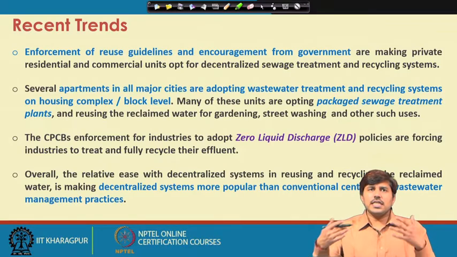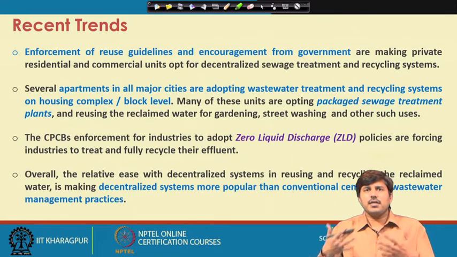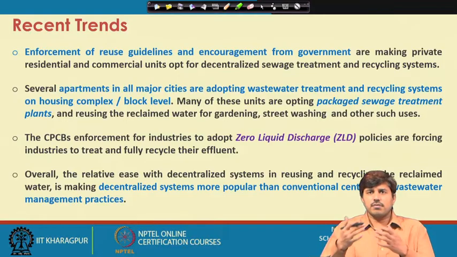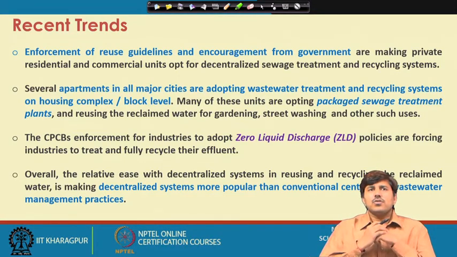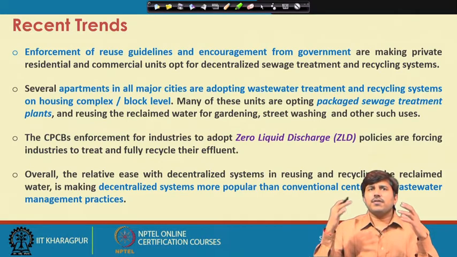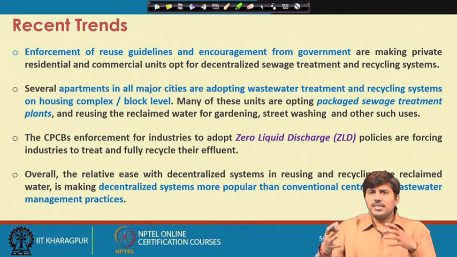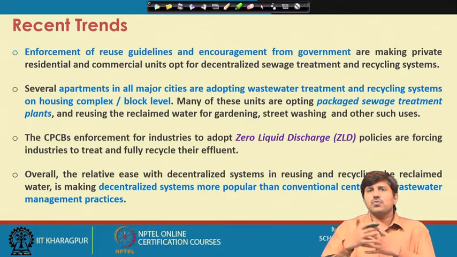So, if we look at the recent trends, what is getting more popular, or what is in practice these days: governments are enforcing reuse guidelines as well as encouraging users to go for reuse and recycling in the form of various incentives.